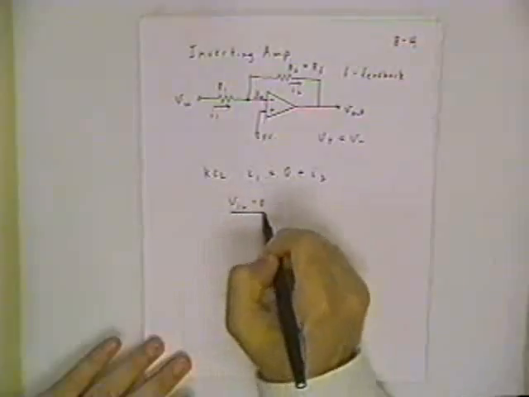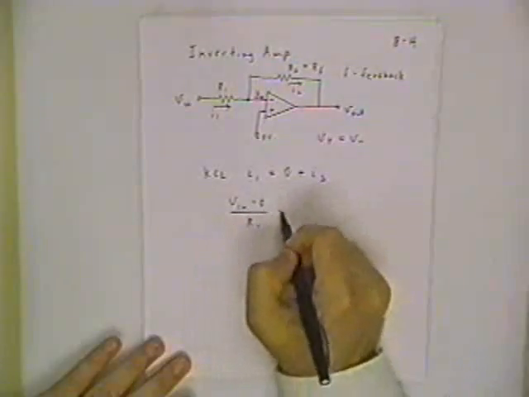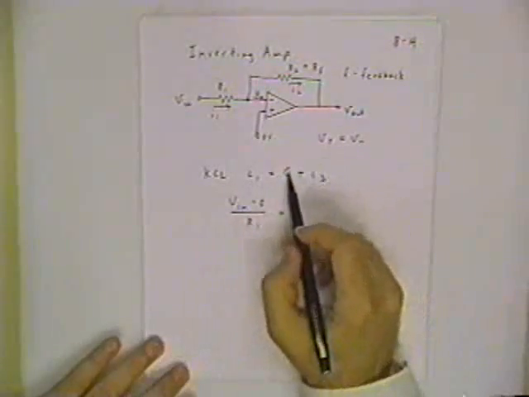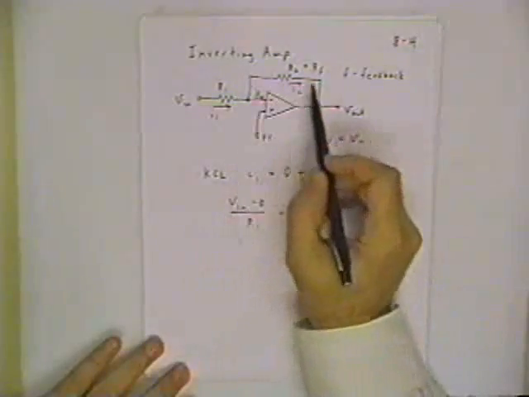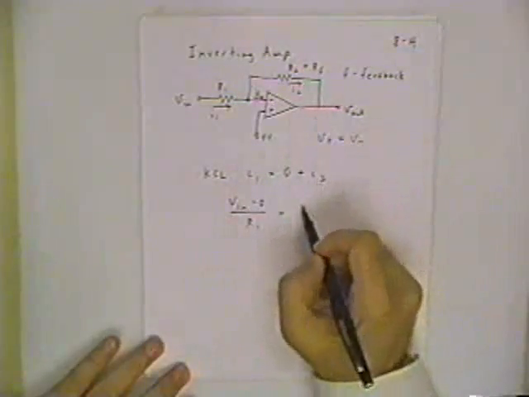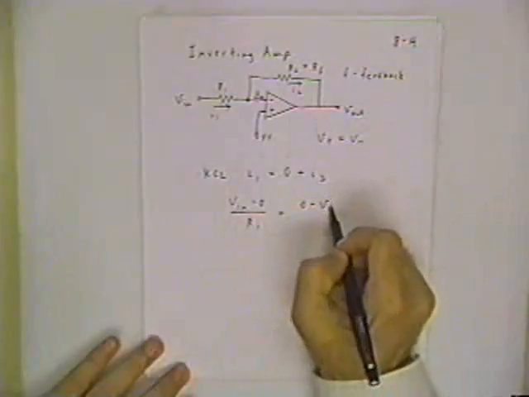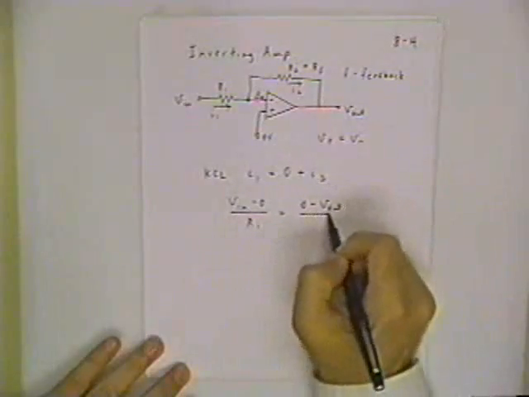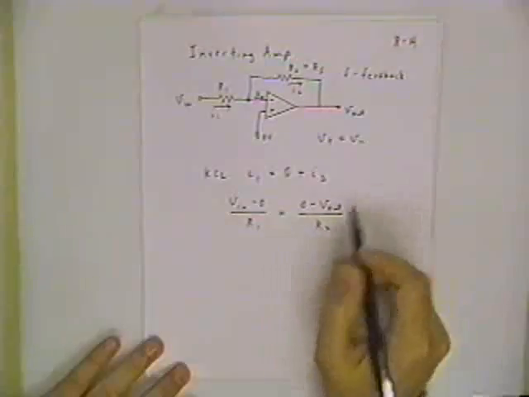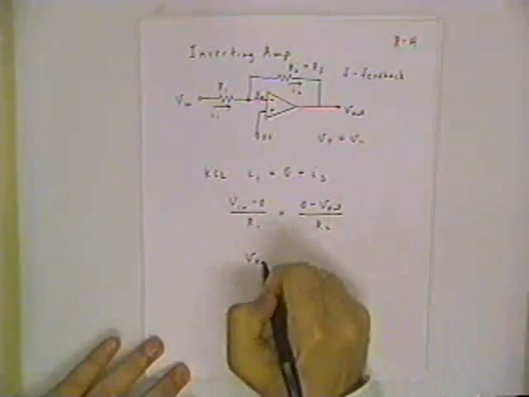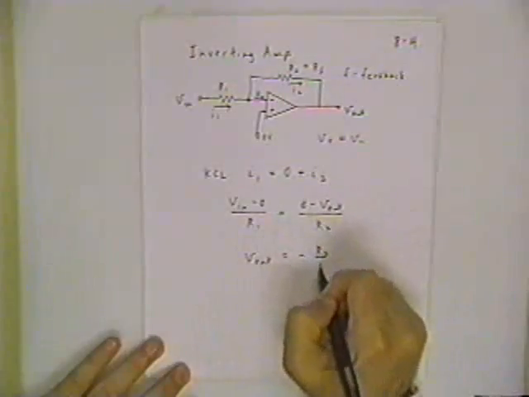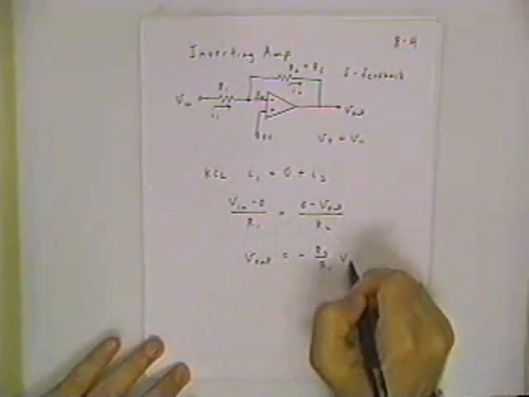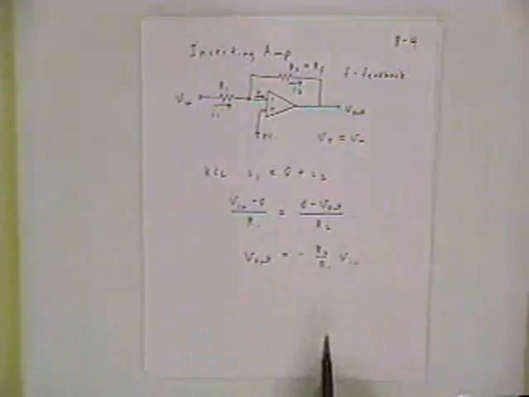Vn minus 0 divided by R1 equals, don't have to worry about the 0 anymore. The I2 current is between the node 0 volts and Vout. So I2 is 0 minus Vout divided by R2. Some trivial algebra, and you get Vout equals minus R2 over R1 times Vn.